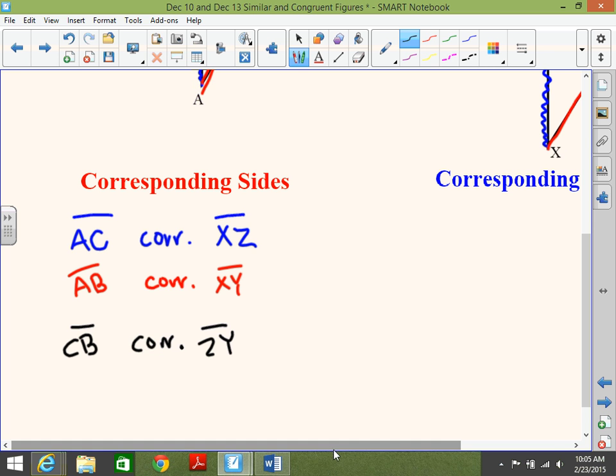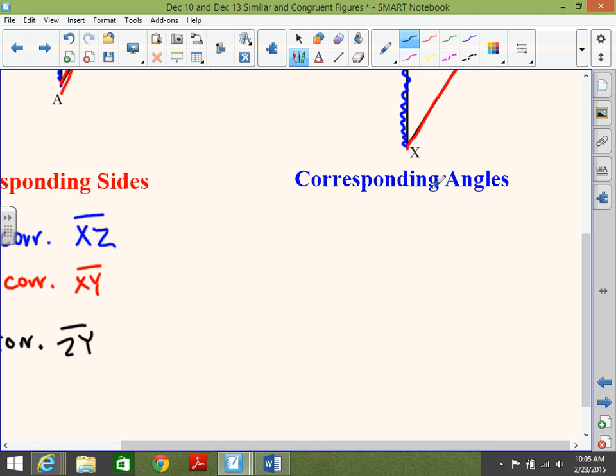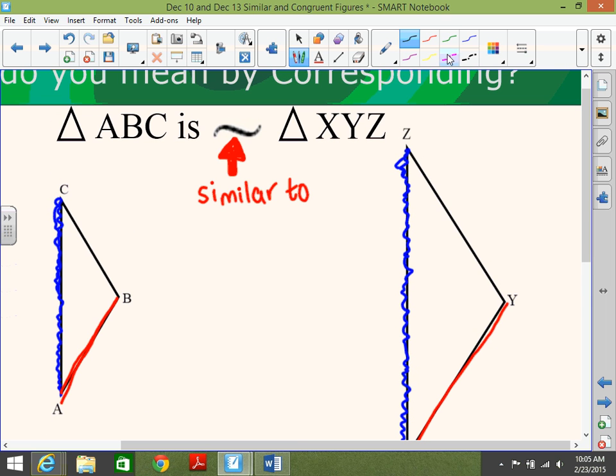Okay, now write this heading down, corresponding angles. Now we're going to figure out the corresponding angles for our two triangles. So take your colored pencil that's left over, the color you haven't used. Okay, here we go. I'm going to use green.